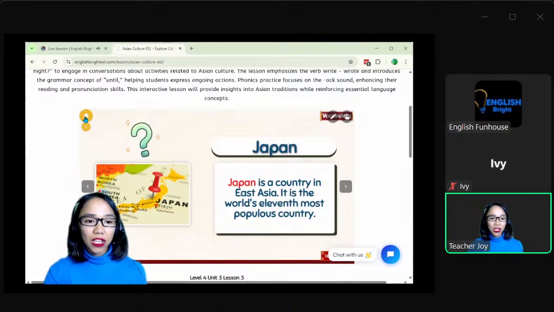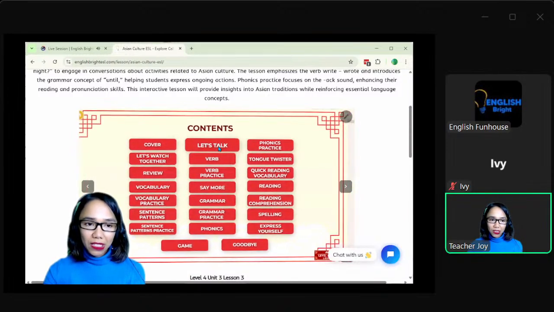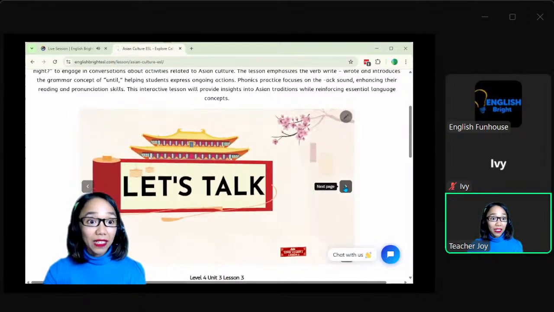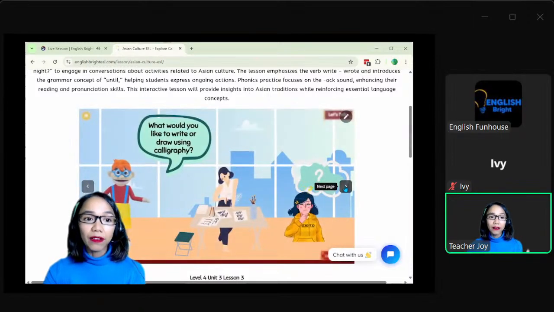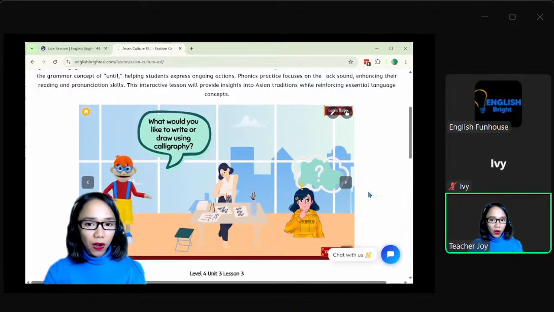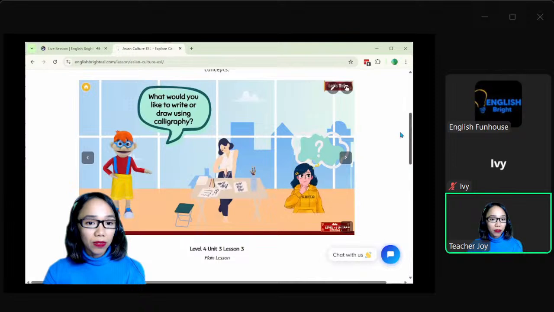All right, so let's say you've done all the vocabulary part, sentence patterns. You go to let's talk. So this is where you can kind of let your student talk, right? Give them the chance to talk or help them get those words out. So you say, what would you like to write or draw using calligraphy?